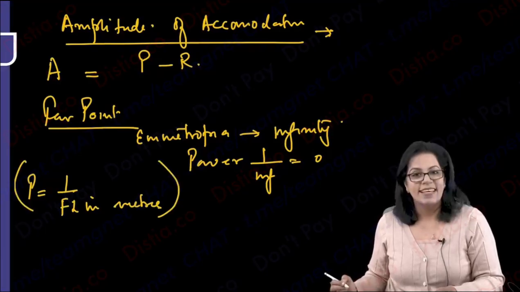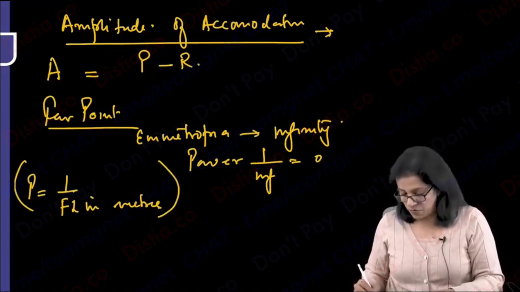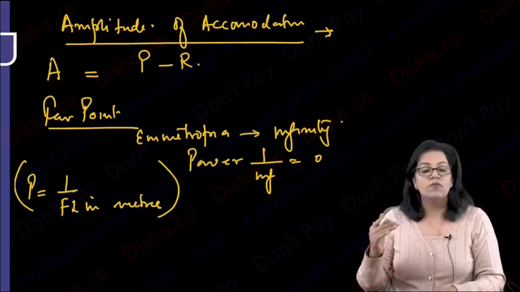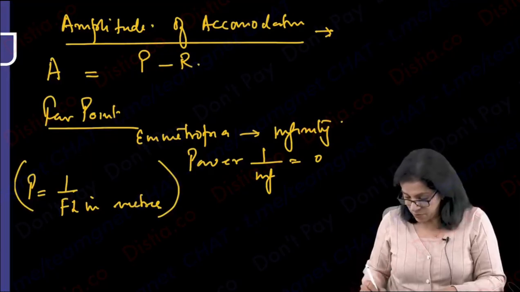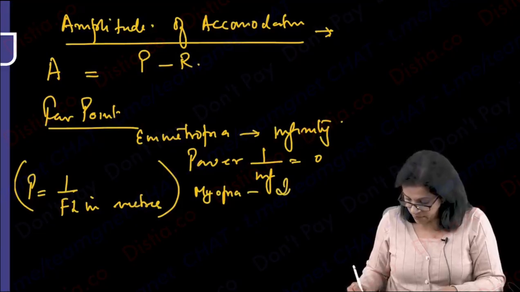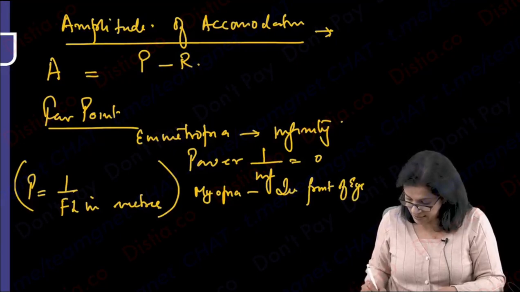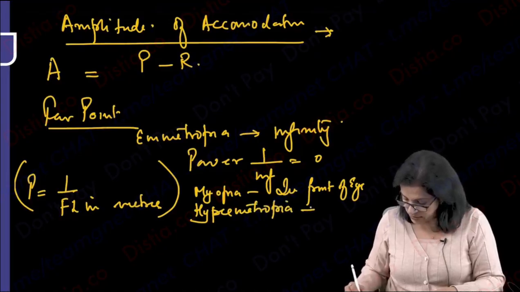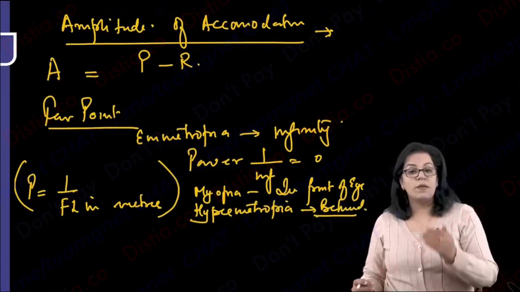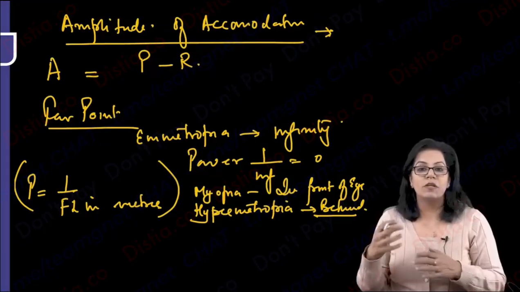Right? Okay, that was emmetropia. Where is the far point of a myope? For myopia, it is in front of the eye, note down. But when we talk about hypermetropia, we say it is behind the eye. Now this is again important, we will tell you why. Just note down, this is behind the eye. Right? So if the far point is considered behind the eye, why is it important?